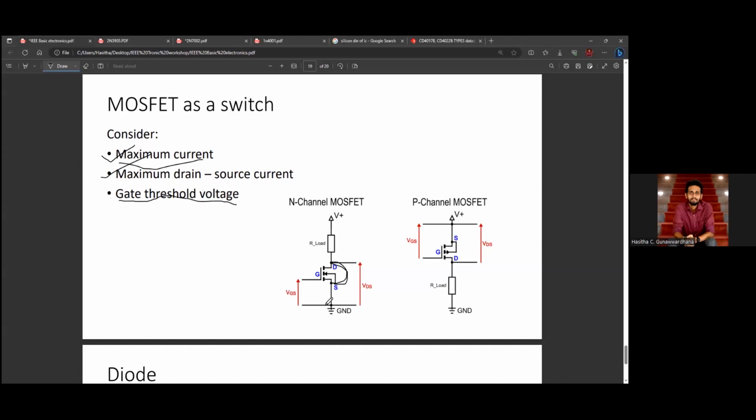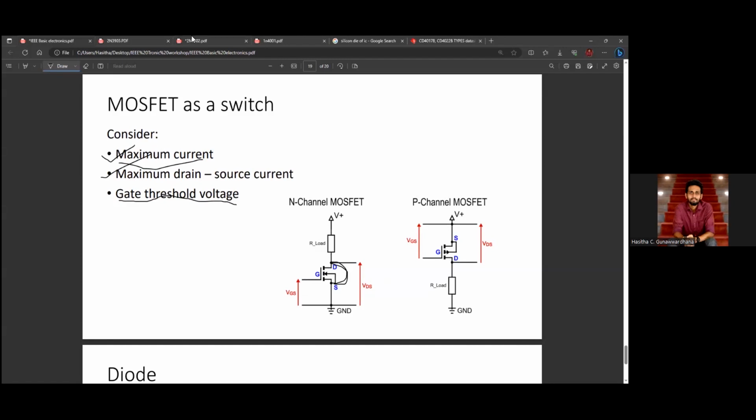If we supply the gate terminal with a voltage less than the gate threshold voltage, the MOSFET may partially turn on, or maybe not turn on at all. To be sure we turn on the MOSFET, we have to supply a voltage greater than the gate threshold voltage to the gate terminal.